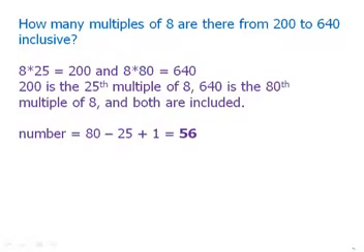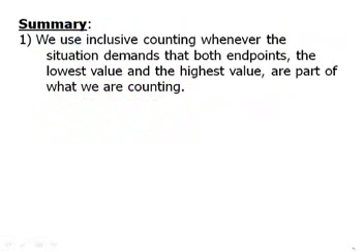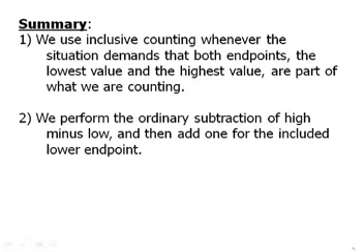And both of those are included, so we're just going to do 80 minus 25 plus 1 is 56. And that's how many multiples of 8 there are, starting at 200 and going all the way up to 640. We use inclusive counting whenever the situation demands that both endpoints, the lowest value and the highest value, are part of what we are counting. We perform the ordinary subtraction of high minus low, then add 1 for the included lower endpoint.